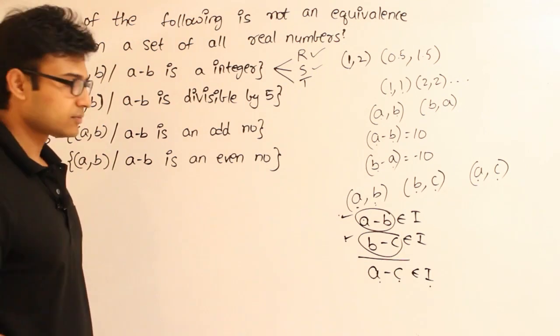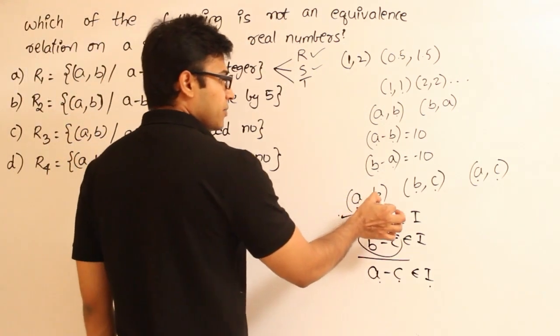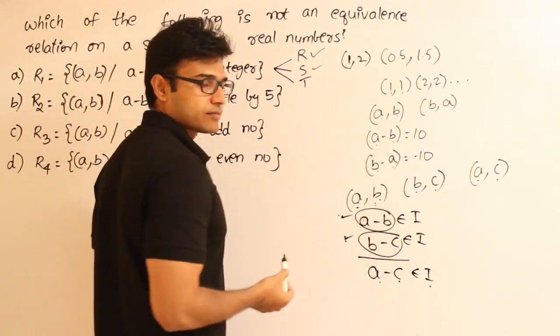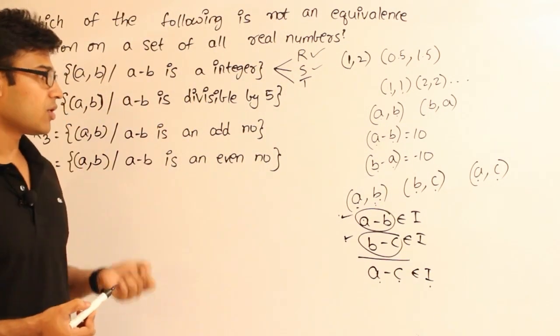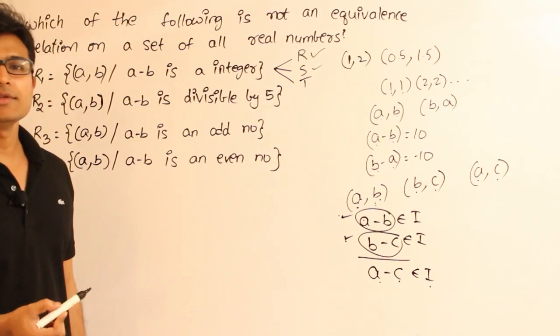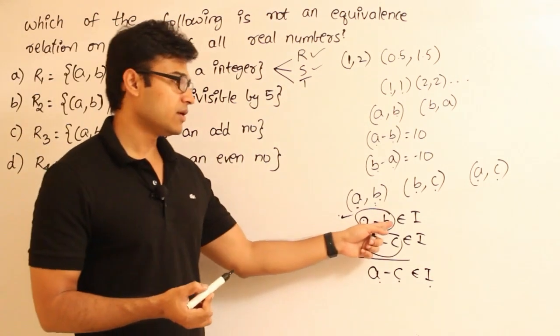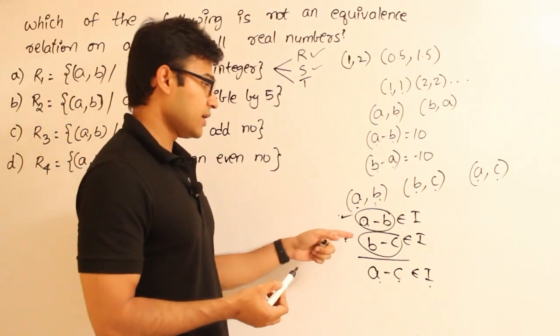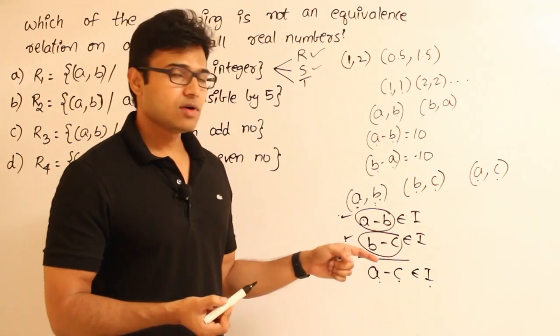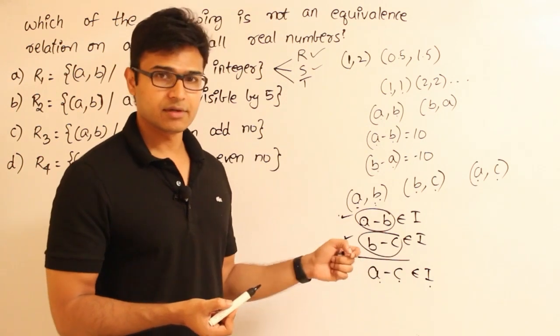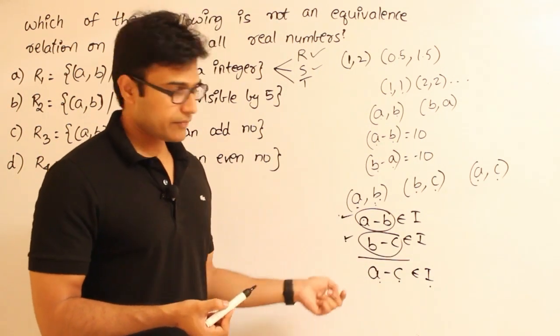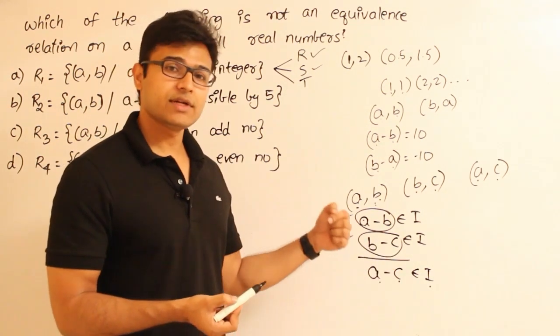Are you getting this? I am assuming that a comma b belongs to R, the relation R1, this one, right? So how will it belong to R1? Only when a minus b is an integer, which means a minus b is definitely an integer. Then I am assuming that b comma c also belongs to R1, which means b minus c is also an integer. Now I am adding two integers, then I got a minus c, which will definitely be an integer.